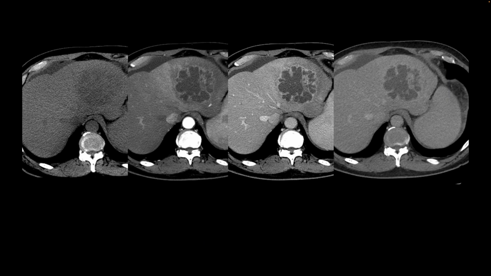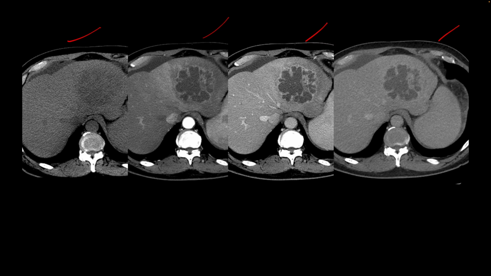This is our next patient. They presented with abdominal pain, and a multiphasic CT was performed to evaluate for a suspected liver abscess. So we have non-con, arterial phase, portal venous, and delayed images.